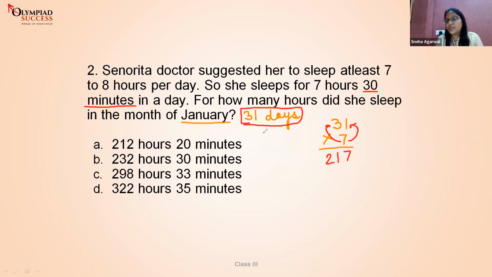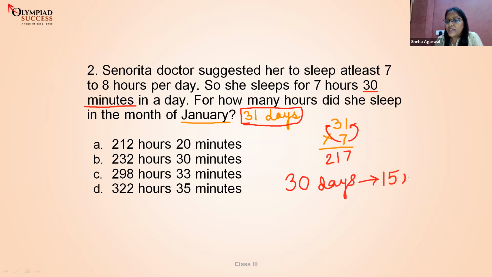If you just do it divided by 2, you are getting 15 days plus 1 day extra, right? So for 30 days, you will be getting 15 hours. This is just the half. So if you calculate for 30 days, because 31 is an odd number, let's take the even number, this will be very easy for you.